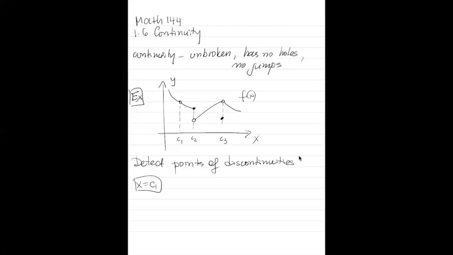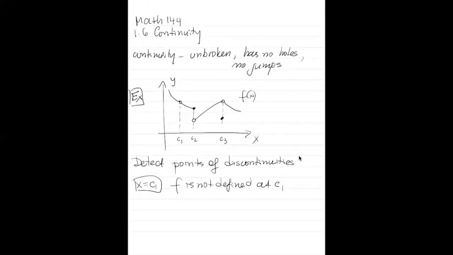What's happening at point C1? We have a hole geometrically, but mathematically it means that f is not defined at C1. In other words, C1 is not in the domain. That's why we have a hole. So we have discontinuity. The line is broken at that point, because the function is not defined at C1.